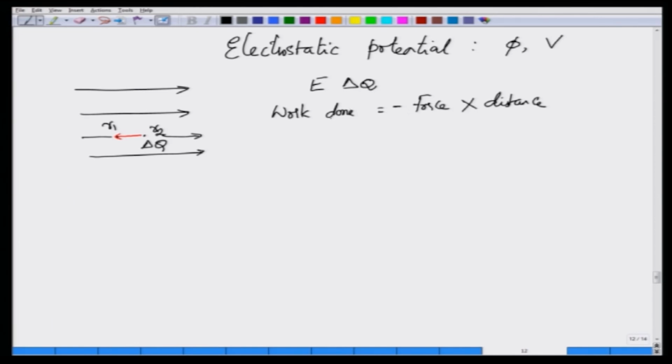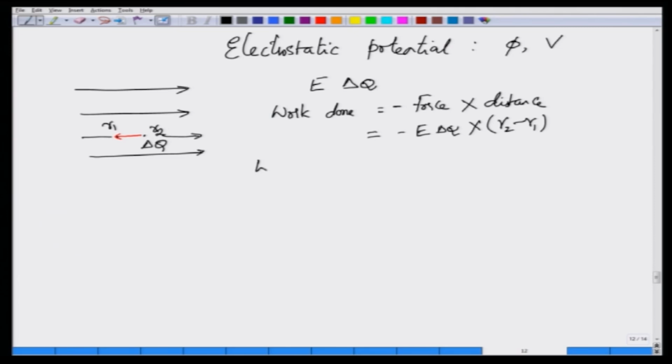Work done is force into distance. What is the force? Force is E delta q, which is the test charge times the electric field at that particular point, times the distance. So, let us say I have moved a distance of R2 minus R1 over here. Along this path I have moved a distance of R2 minus R1.